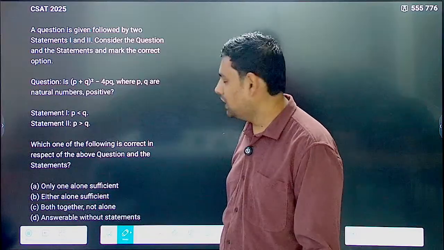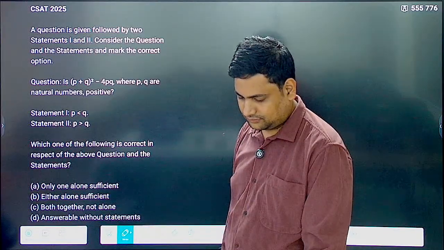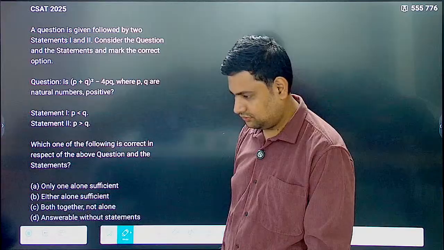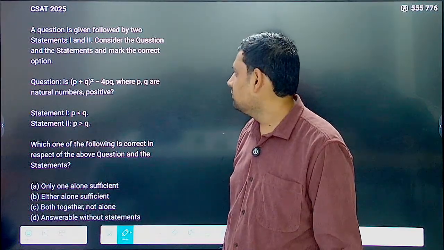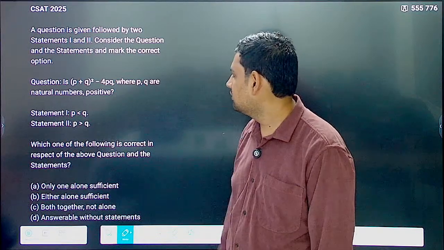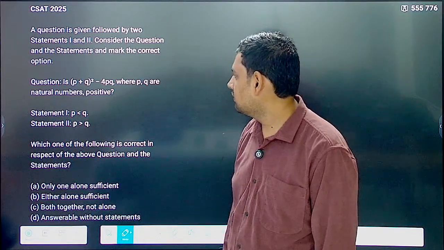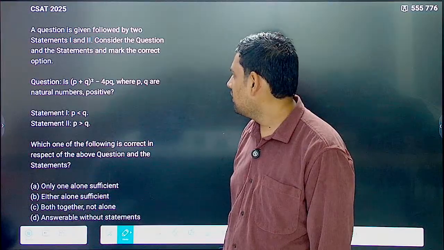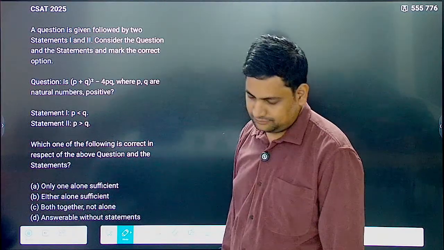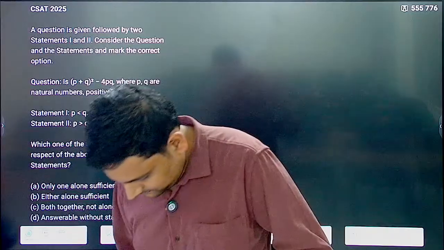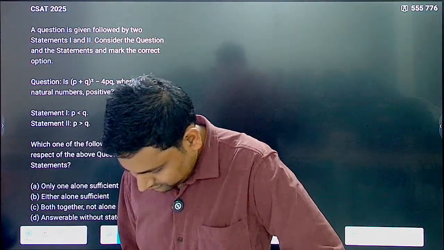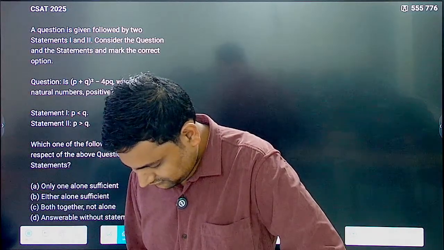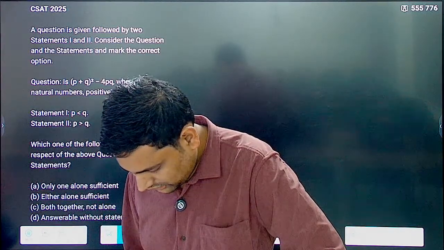Open p plus q whole square. You will start seeing something. Okay.